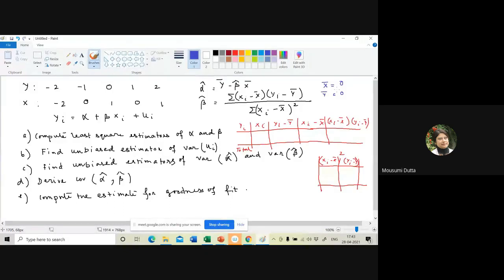Take the product of xi minus x bar and yi minus y bar, which is basically xi into yi, and tell me the value of the sum. Tell me the value of summation (xi minus x bar) whole square, and the value of summation (yi minus y bar) whole square. You need the total here, here, and here.